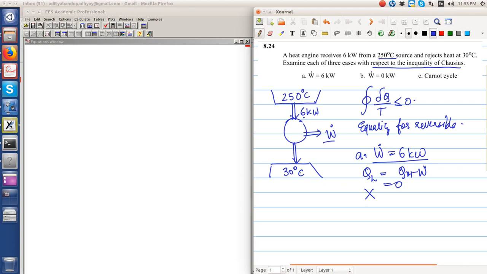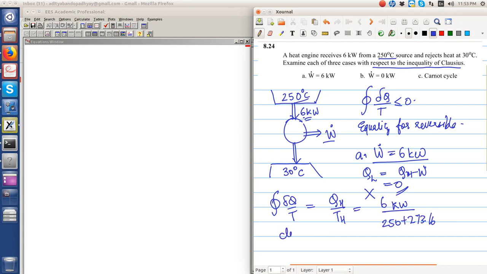So the closed integral of del Q by T, in this case, because QL is 0, will only be QH by TH, and QH is equal to 6 kilowatt. TH is equal to 250 degrees Celsius, which is 250 plus 273.16.